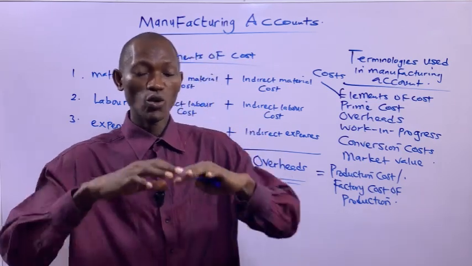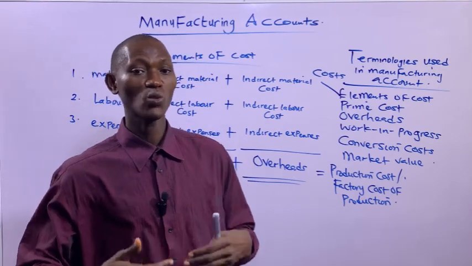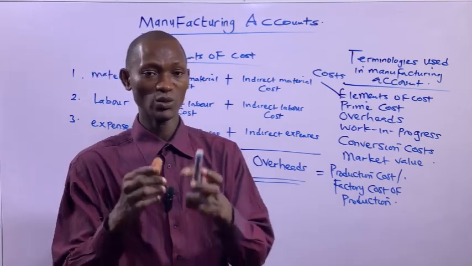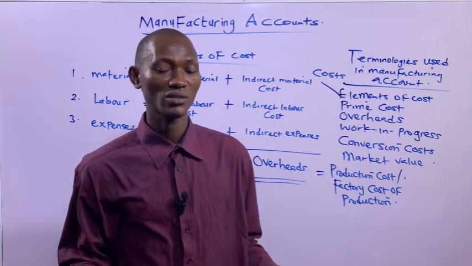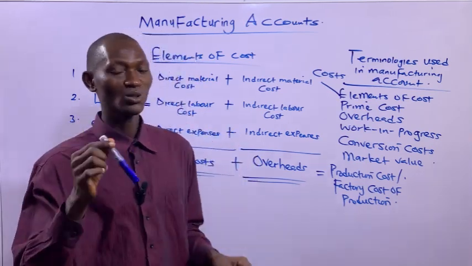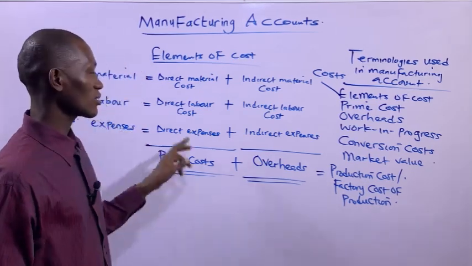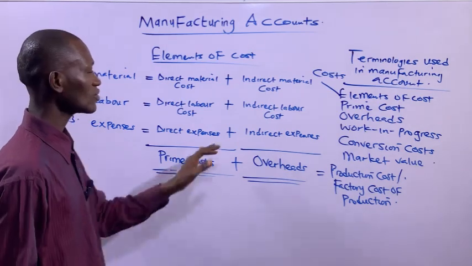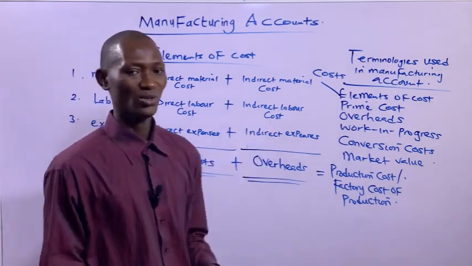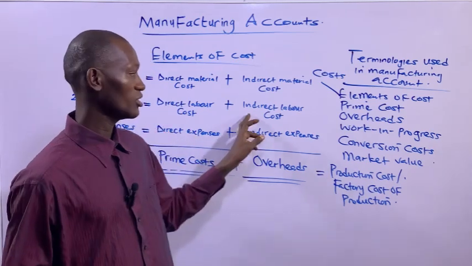Those labor that are working on the factory floor are the ones actually working to produce this marker, because this marker is produced in the factory, not in the office. So the cost incurred on those labor working on the factory floor is known as direct labor costs.